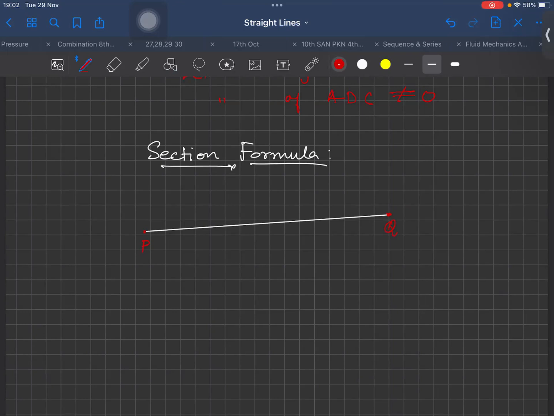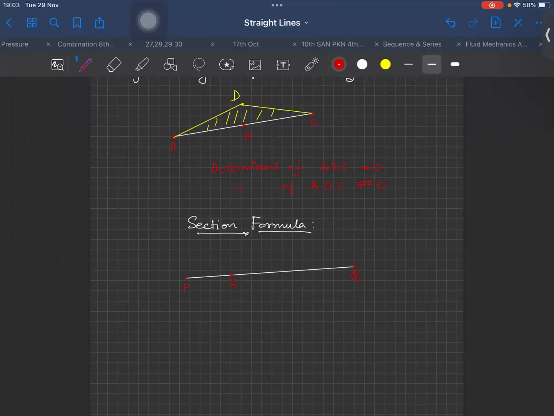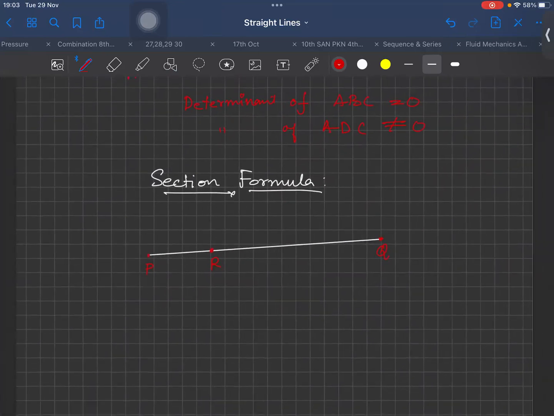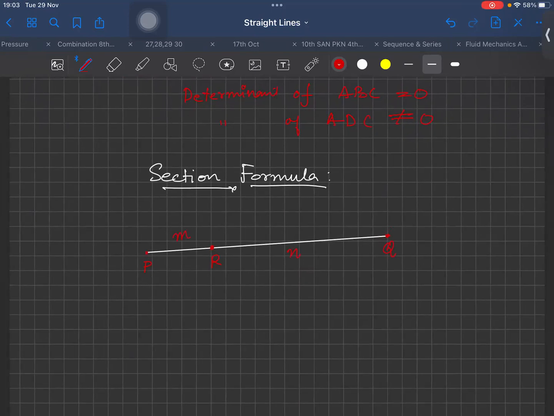Let's say this is point R. And this point R divides P and Q in a ratio m:n. Okay, write down m and n ratio. It divides. That means PR by QR is equal to m/n.